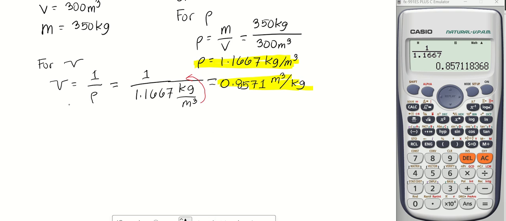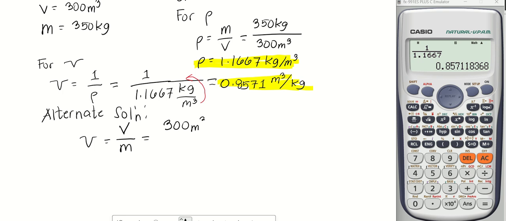After that, we can also use an alternate solution. We can solve for the specific volume using this formula: specific volume is equal to volume over mass. Based on our previous given, volume is equal to 300 cubic meters over the mass, which is 350 kilograms.